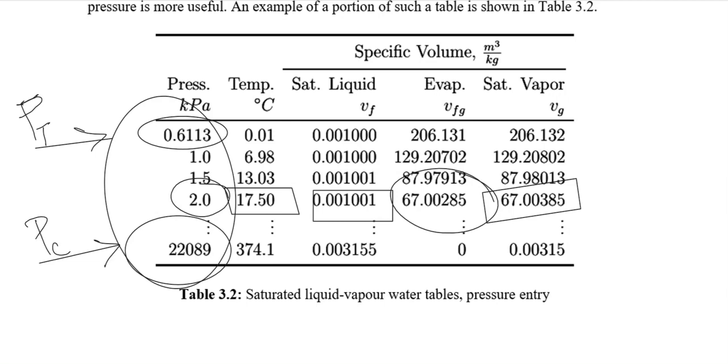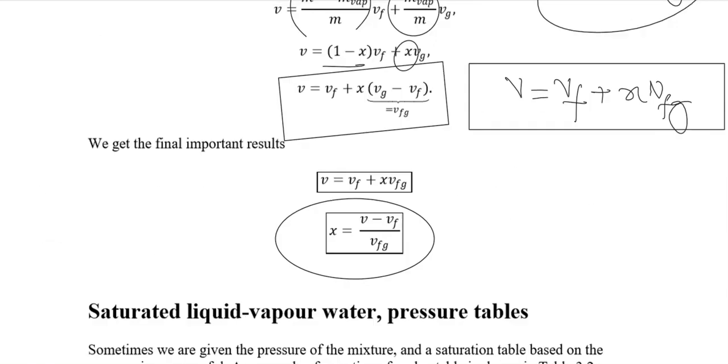So our table starts from the triple point, or TP, and ends at the critical point.